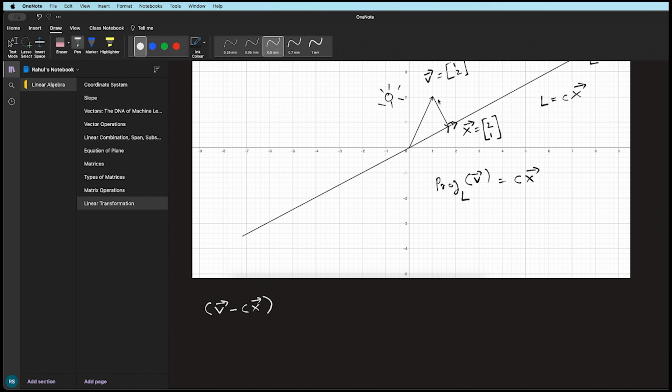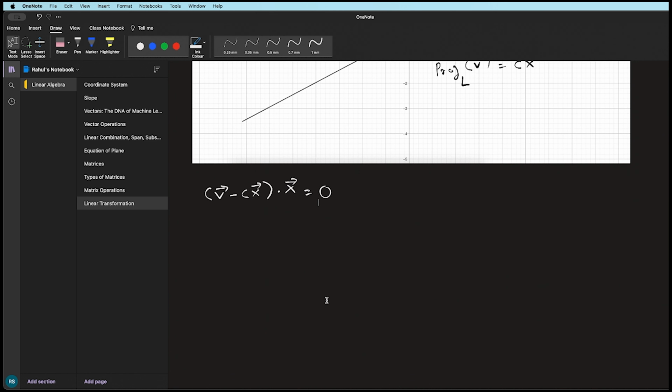So we subtract cx from v to get the length of this line, and we multiply it with the vector x. The dot product of this is 0 because they are perpendicular to each other.